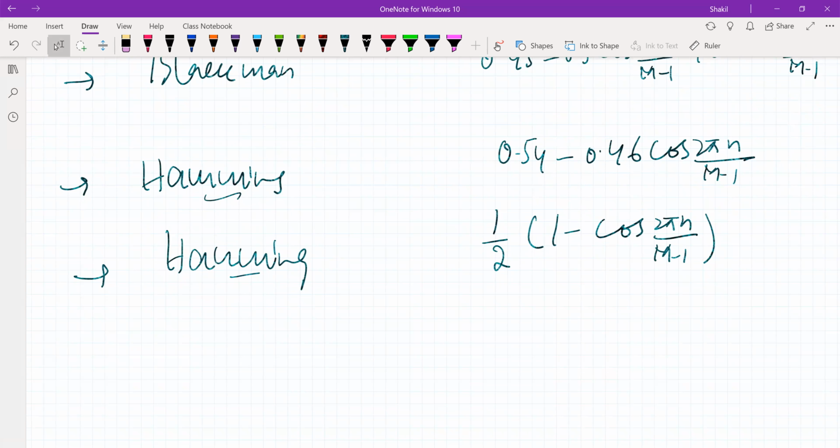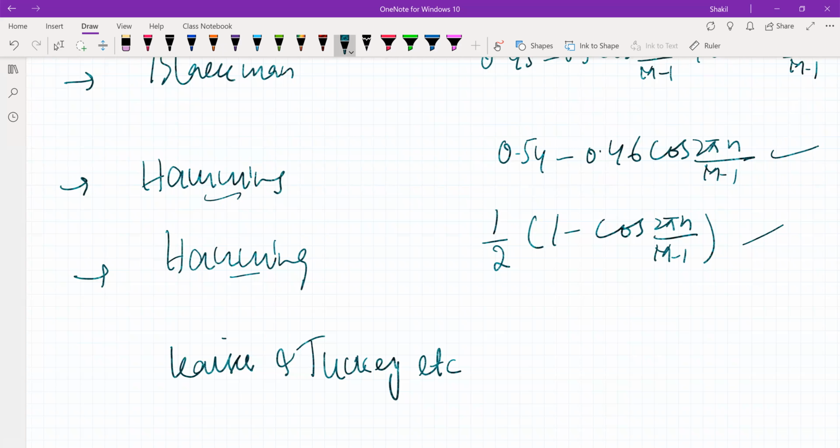Similarly, we have the Kaiser window and others, named after scientists, and these windows have similar expressions for w of n.